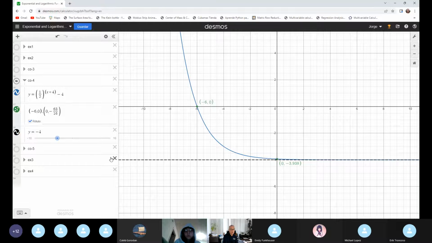And the famous points we computed before on the whiteboard were the x-intercept and the y-intercept. The y-intercept was the point 0, -63/16. And the x-intercept is the point -6, 0. Do you see that?